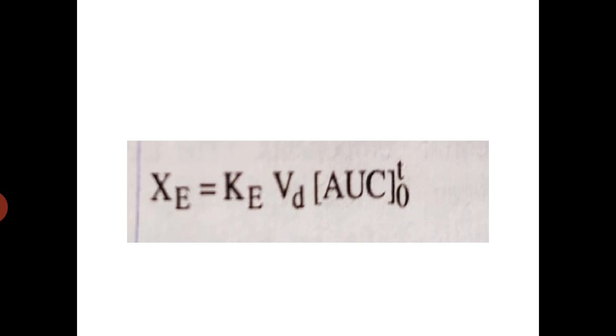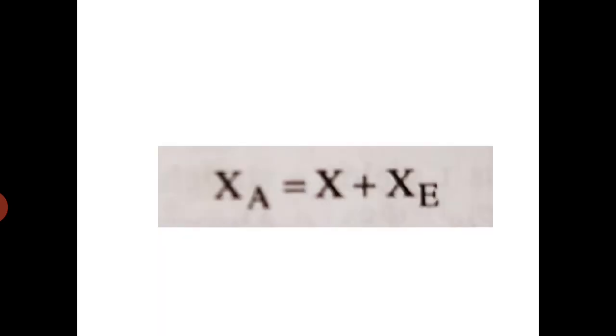As per the non-compartmental analysis, Xe is equal to Ke Vd into AUC 0 to t. And X, you know, that is Vd C. So substituting these two in the Xa equation, Xa is equal to Vd C plus Ke Vd into AUC 0 to t.